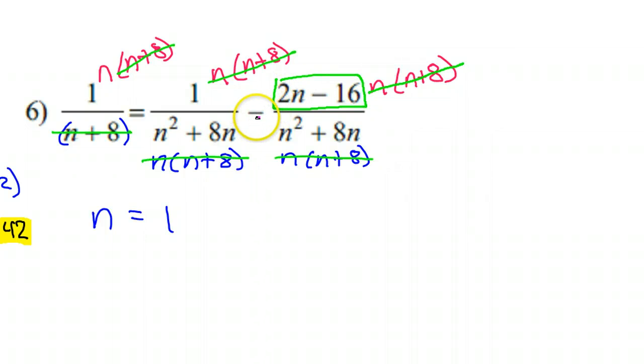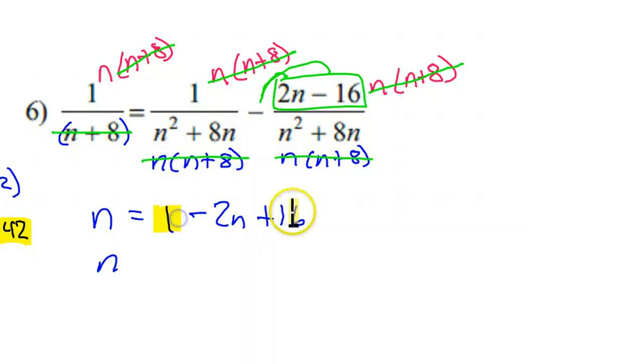Now, be careful. See this minus sign? It's going to have to be distributed. Okay, so that's going to make negative 2n plus 16. All right, the most common mistake is students leaving this as a negative 16. So, like terms right here, so that's negative 2n plus 17.